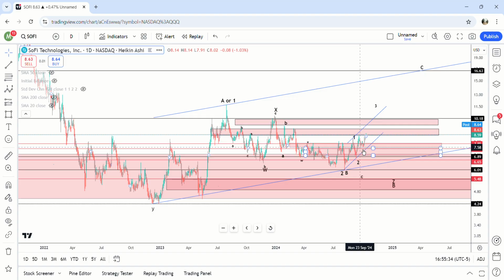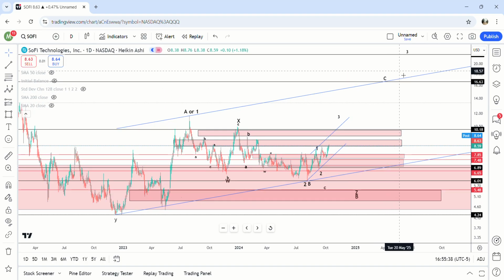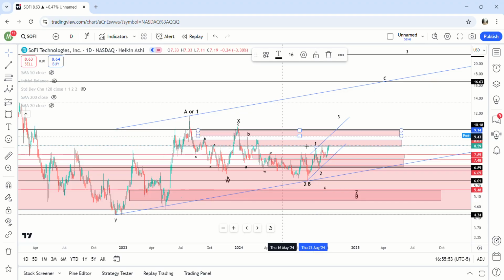So we'll see when the market actually has a big correction. If the market keeps on melting up, then maybe I'll be wrong and this will head up here to 16 to 22 bucks. It benefits me more to go up than go down. I'm not short. I have positive delta on SOFI. I have incentive for it to go up too. But I'm just showing what I see from the chart.